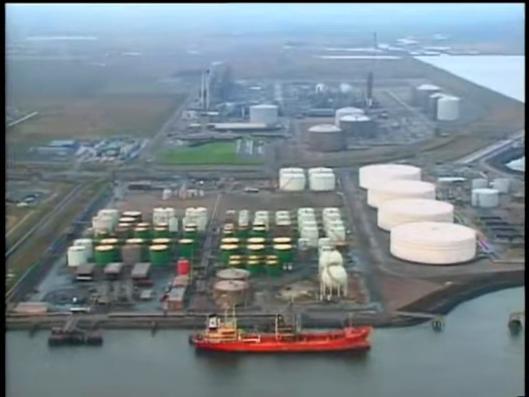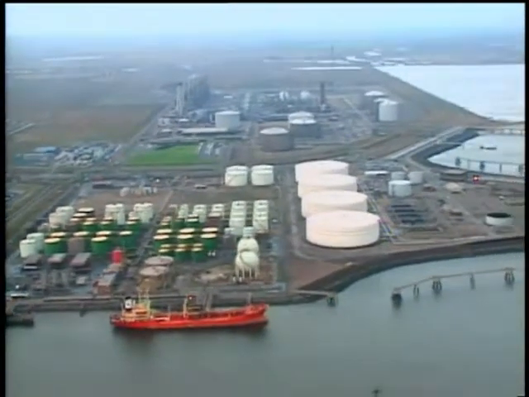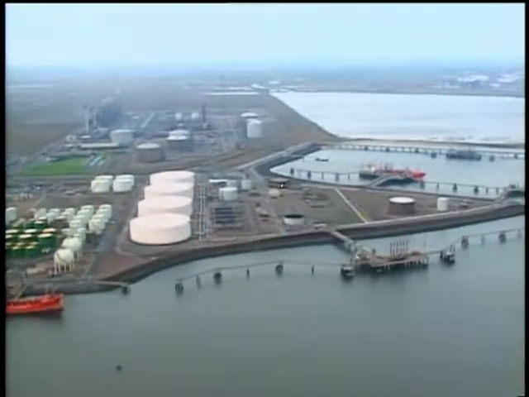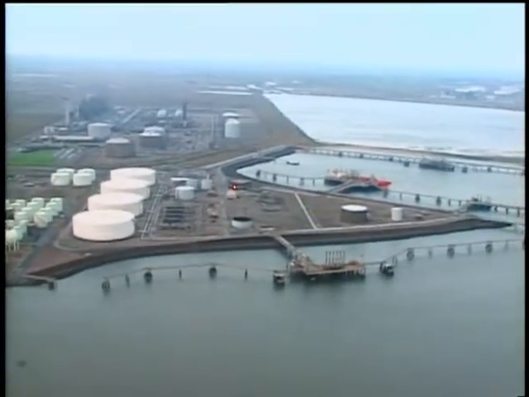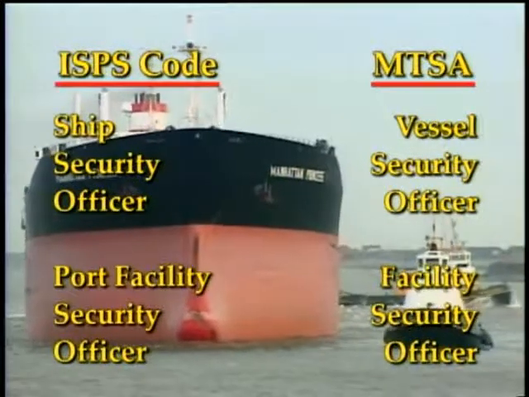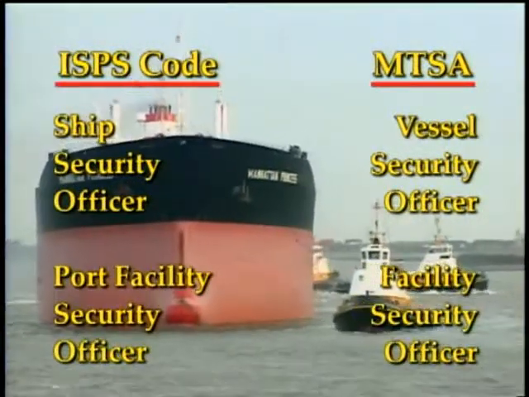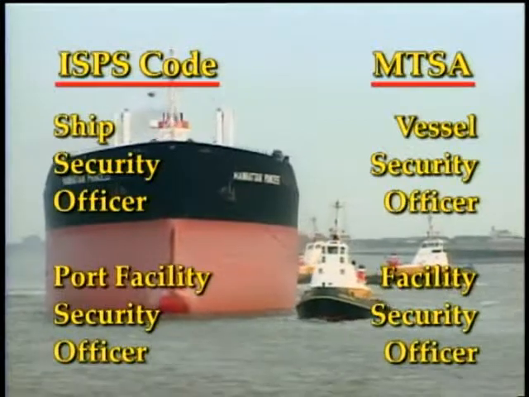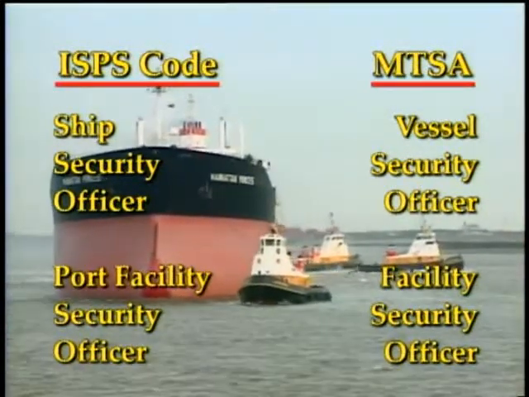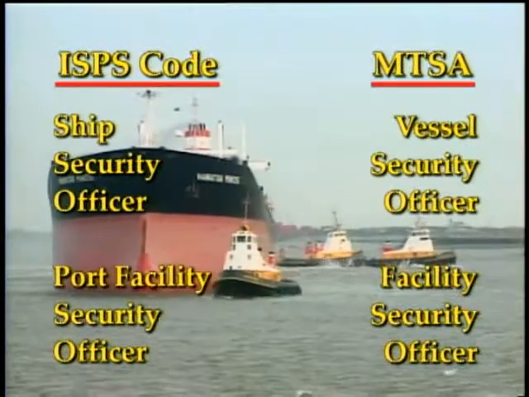While reference to the company security officer, CSO, remains the same in both the ISPS code and MTSA, under the MTSA, the ISPS code Ship Security Officer, SSO, becomes the Vessel Security Officer, VSO, and the Port Facility Security Officer, PFSO, is equivalent to a Facility Security Officer, FSO.